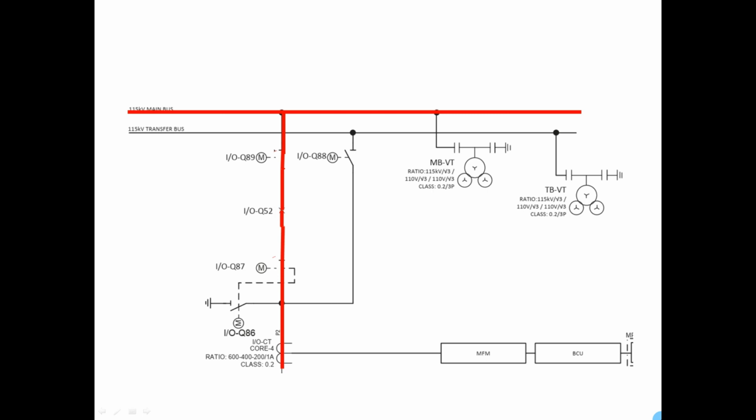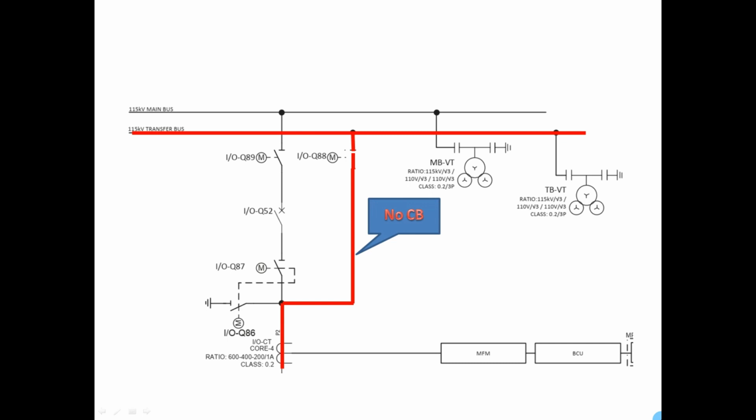But if you connect to the transfer bus, it is connected with only isolator Q88. So when you connect to the main bus, the incomer has the protection of Q52. But if the incomer is connected to the transfer bus through Q88, then we don't have a breaker to isolate the fault.